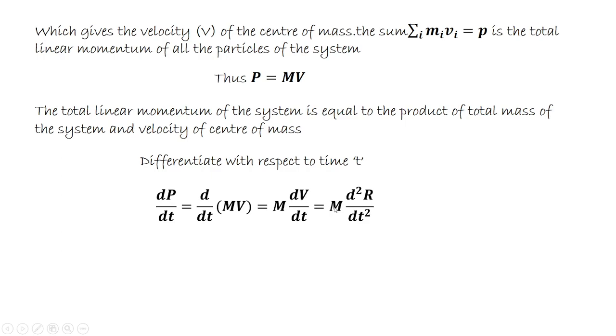Then the velocity we can write as d square R divided by dt square, the second derivative of position. Now if you observe carefully, this one is the external force on the system. Rate of change of momentum is nothing but force, we know Newton's second law. This force is the external force.